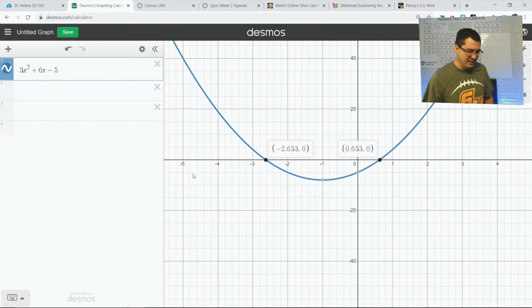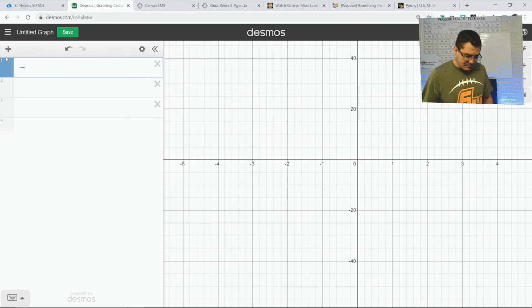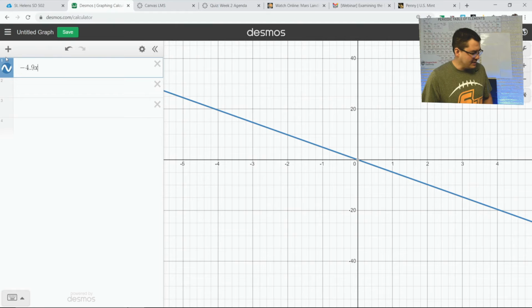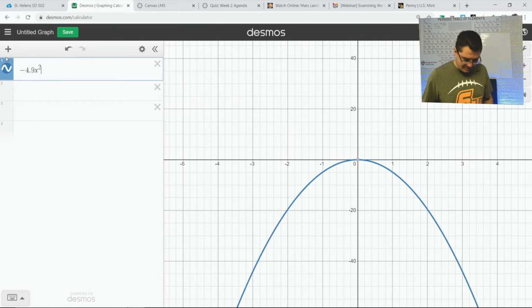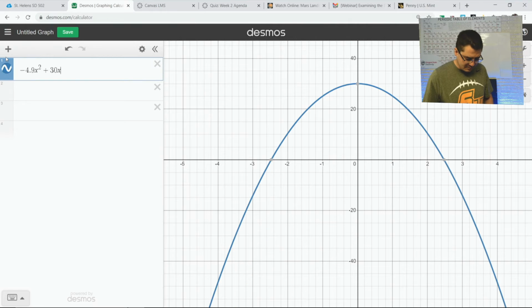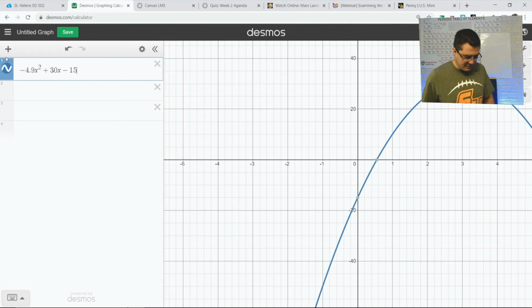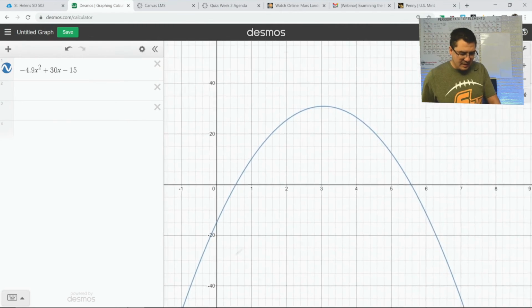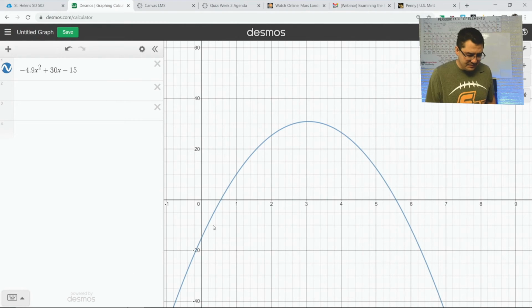So let's just go plug this one in. I get negative 4.9, I'll use x when I type it into Desmos, x squared plus 30x minus 15. And I'm looking for roots of this guy.